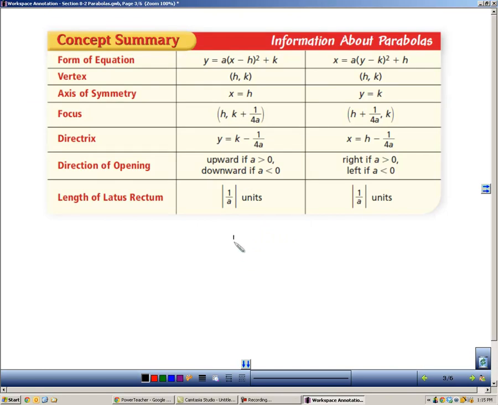This column are the parabolas that open up and down. They look like this, or they might even open down. This column are all the parabolas that open left and right. Perhaps something that looks like this. And you can find out a ton of information if you just pause the video and look at this concept summary.